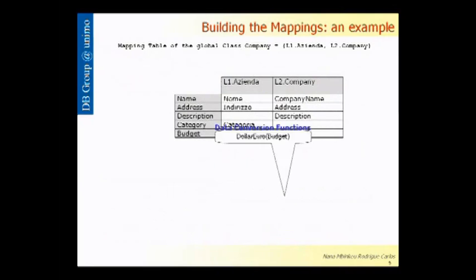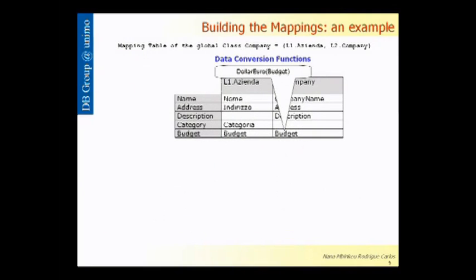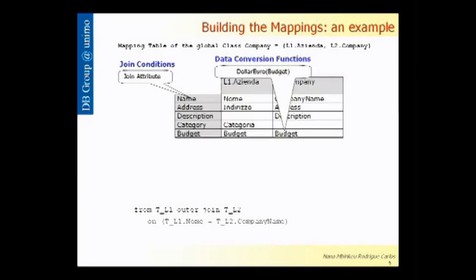During this process, we need to define some resolution functions, for example a data conversion function, to convert some data into a global format. We have a join condition defined on some attributes. We consider an ID attribute.